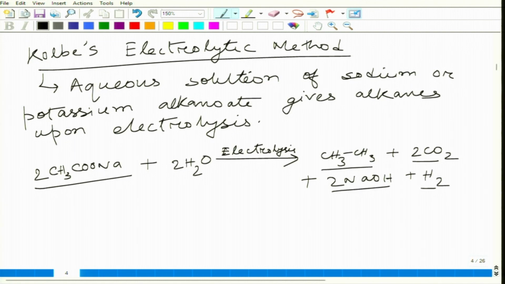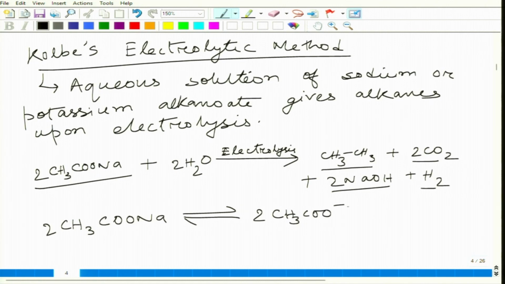Okay. So, here also we need to know the mechanism of the reaction. So, first of all, the salt will dissociate. 2 moles of sodium acetate will dissociate to form 2 moles of acetate ion and 2 moles of sodium ion.